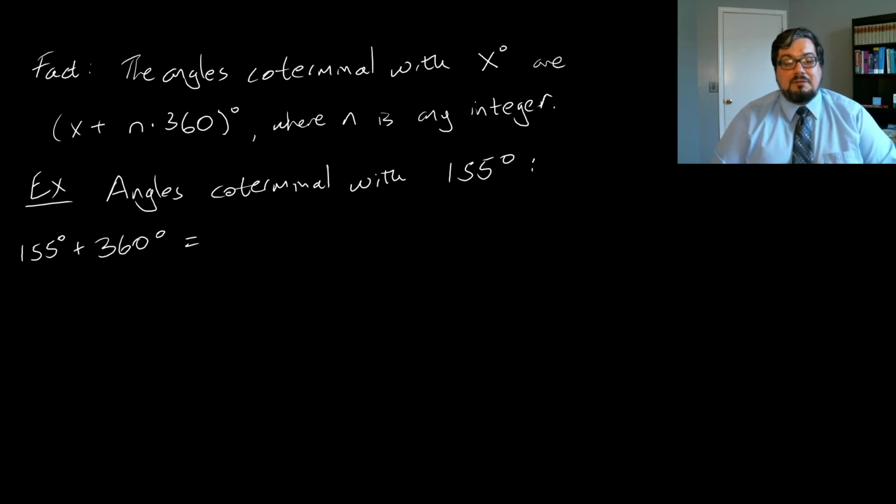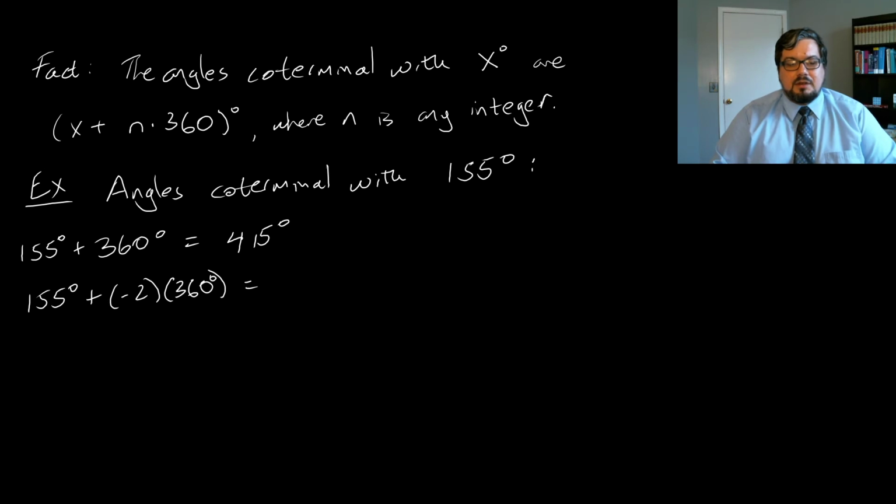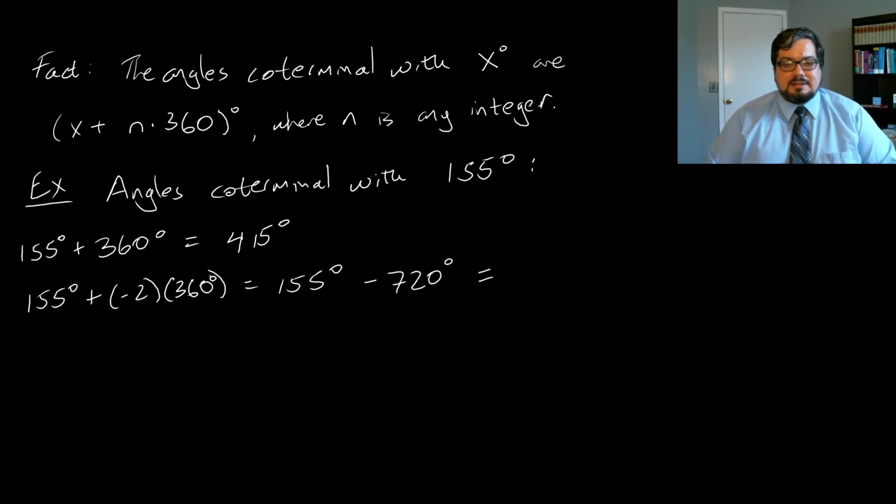And we take 155 plus 360, which winds up giving us 415 degrees. We could take 155 degrees plus negative 2 times 360 degrees, which gives us 155 degrees minus 720 degrees, which will give us negative 565 degrees. And so forth and so on.